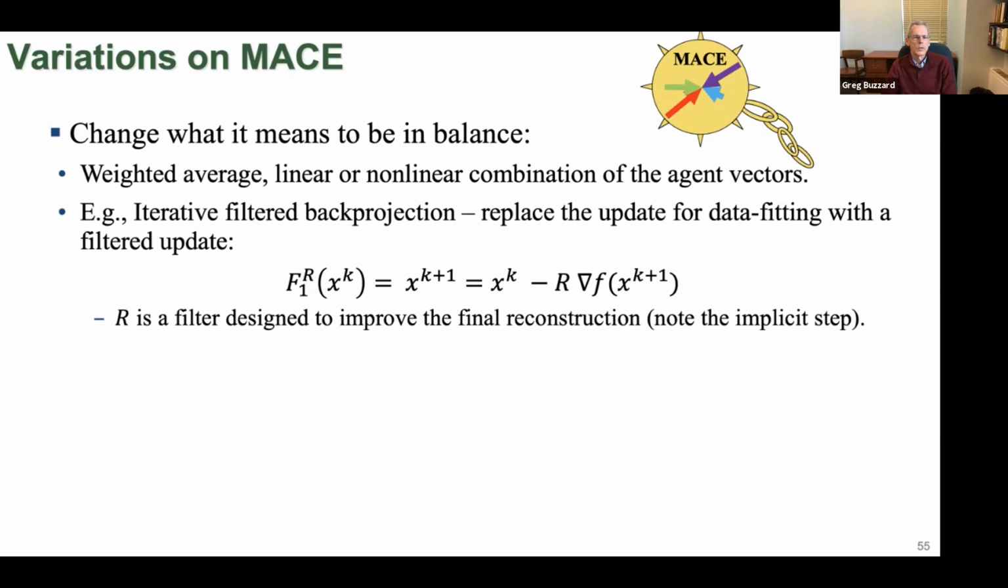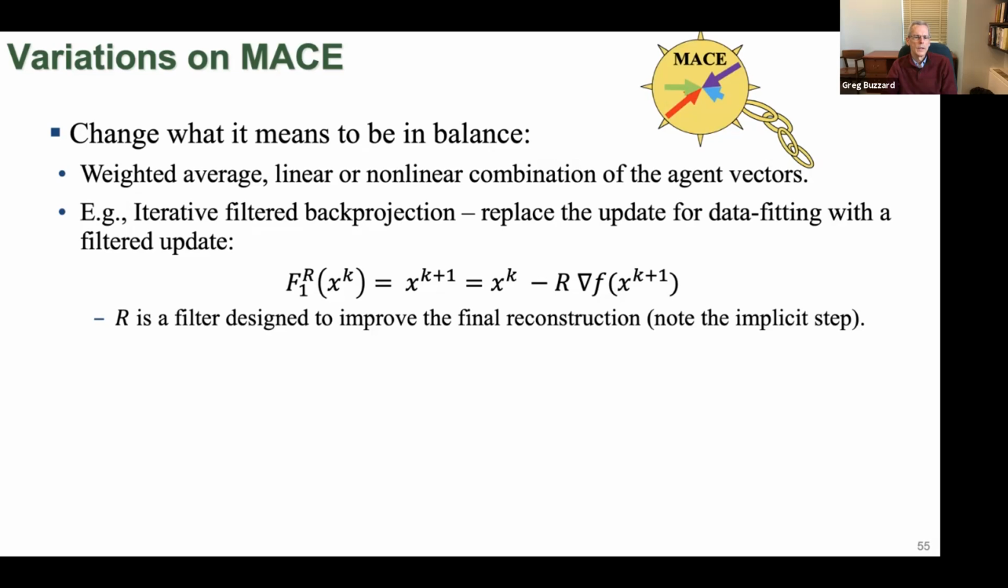We also looked at what's known in the signal processing literature as iterative filtered back projection. And you can think about this. So the proximal map, in some sense, is kind of an implicit gradient descent step. So if you think about R as just a scalar constant, then here, this is a gradient descent step, except we are taking the endpoint as evaluation point for our gradient.